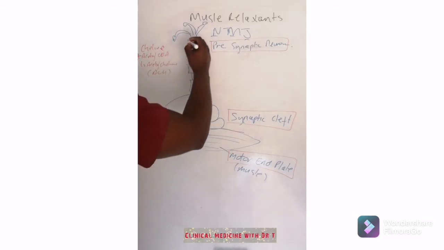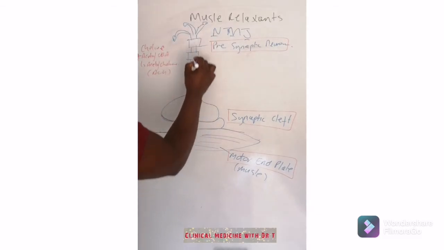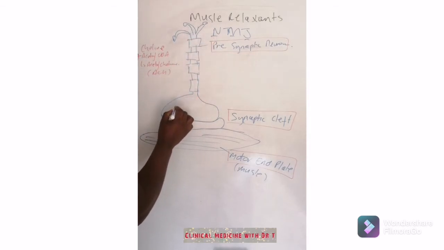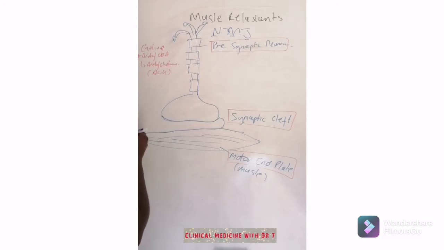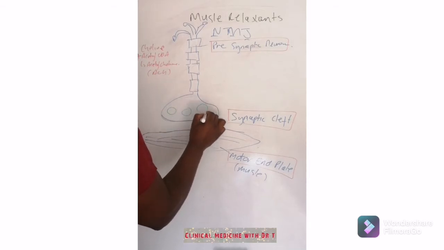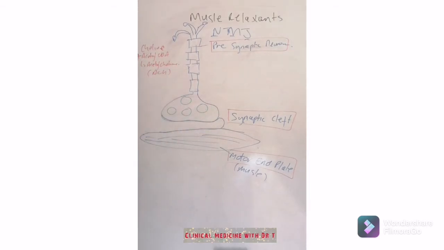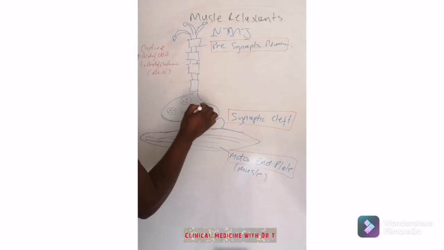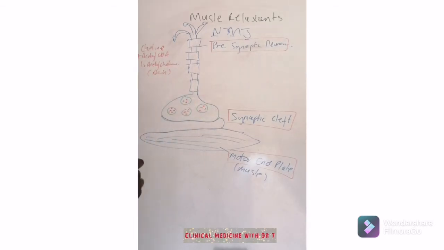That acetylcholine is transported to the end bulb and stored in vesicles, waiting for an action potential to happen.